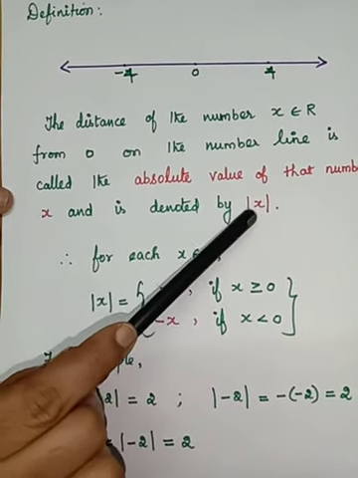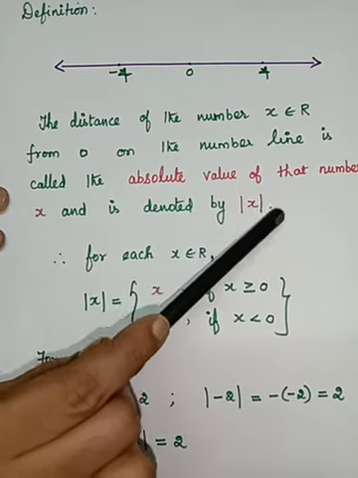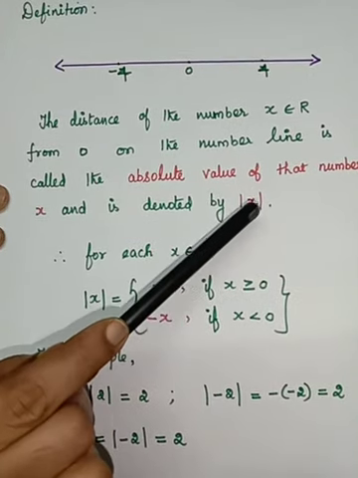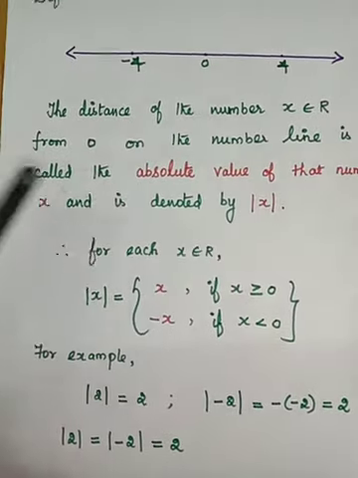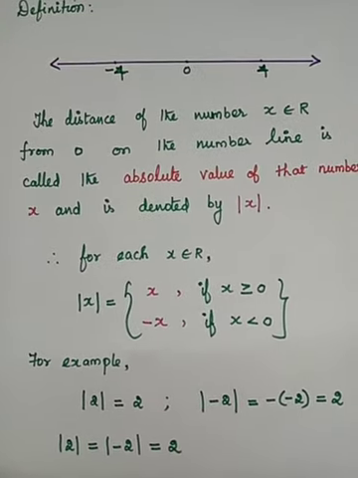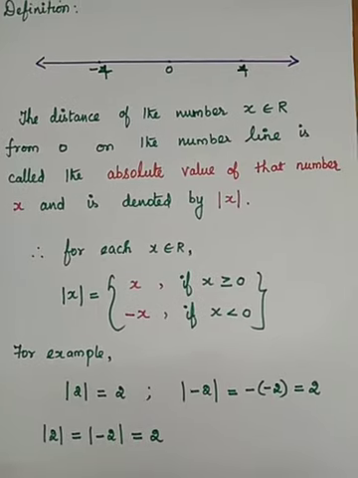So, absolute value of x is denoted in this symbol. This means the distance of x from 0 is the absolute value of x.